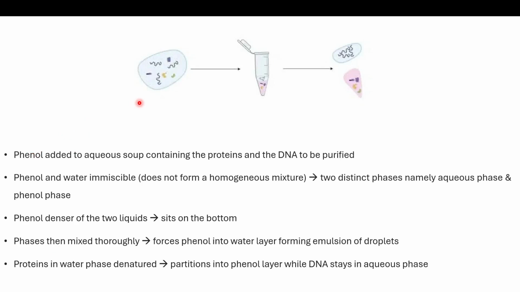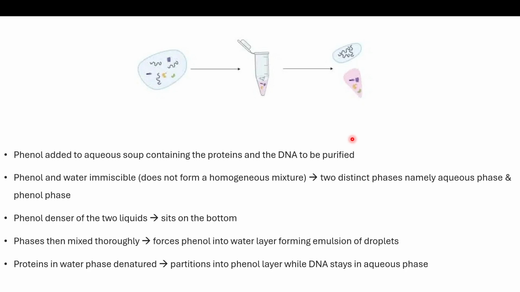Another way to purify DNA, RNA, and proteins is phenol-chloroform extraction. Here, phenol is added to the aqueous soup containing the proteins and the DNA to be purified. You have lysed your cells and have the cellular contents out.